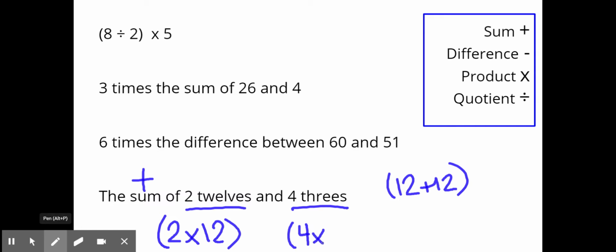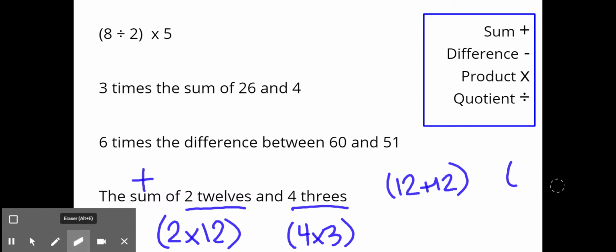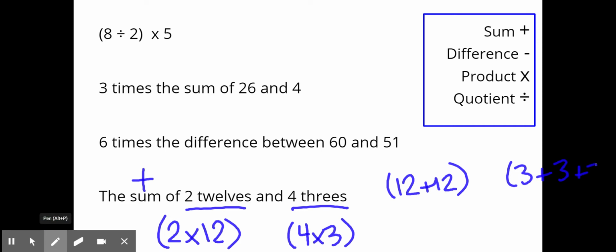Oops, I wrote accidentally 3 4s. Here we go. All right, so I have 4 3s. And then I'm going to go ahead and add those together.